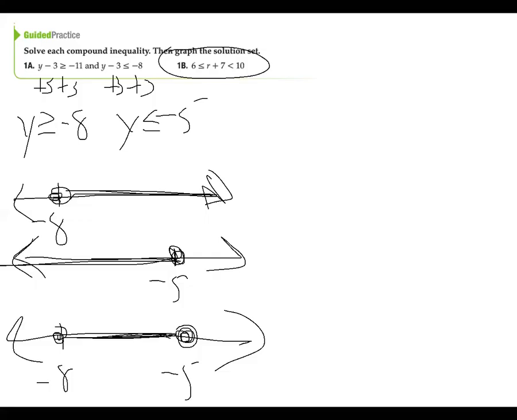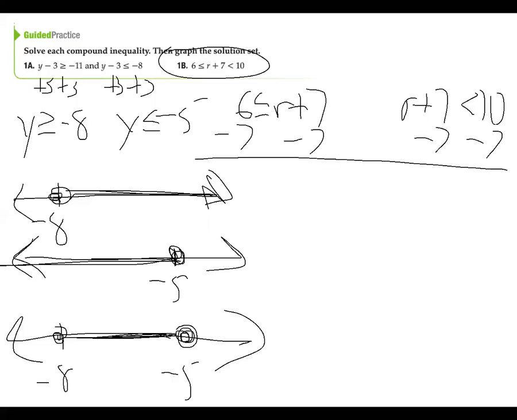This one, I would do 6 is less than or equal to r plus 7, and r plus 7 is less than 10. In both cases, I'm going to subtract 7 from both sides. Those cancel, and I have negative 1 is less than or equal to r, and r is less than 3.